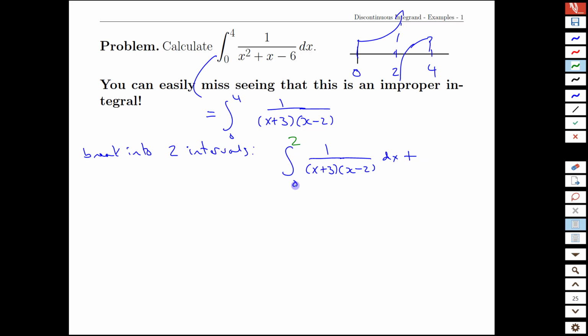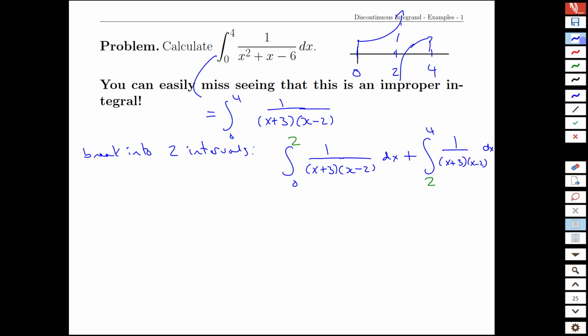We had 0 to 4, now we're going 0 to 2, and then 2 to 4 to be able to cover the original interval. Same integrand, and we just put our 2 down here at the bottom.